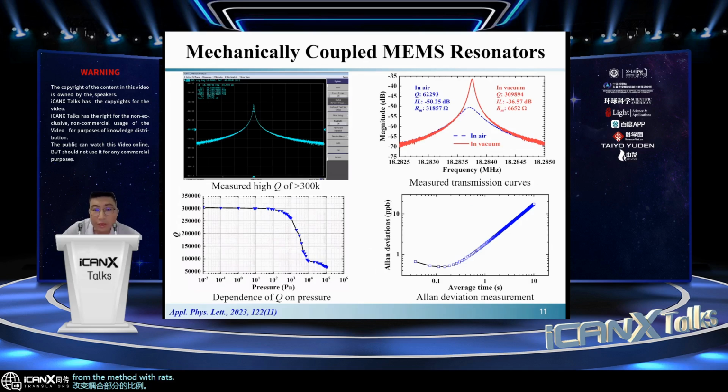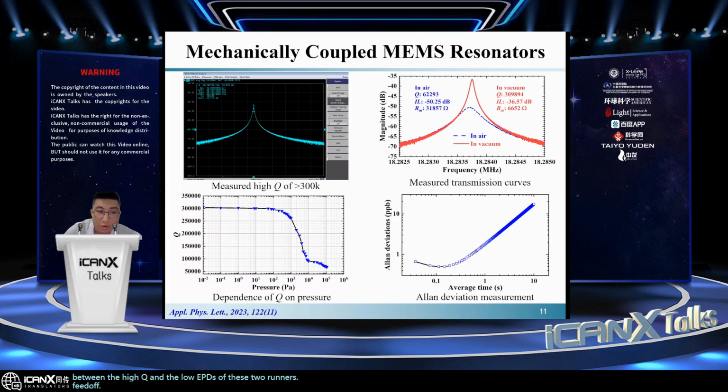From the measurement results, we can get a much higher Q for these piezoelectric resonators. Compared with the capacitive resonator, we have much lower impedance. Compared with the piezo resonator, we have much higher Q. So we have a trade-off between the high Q and the low impedance of these two resonators.